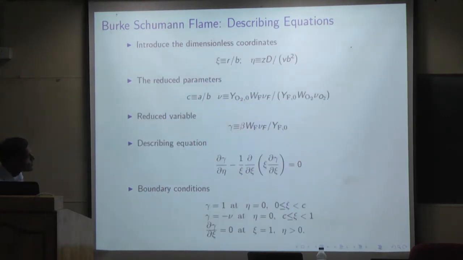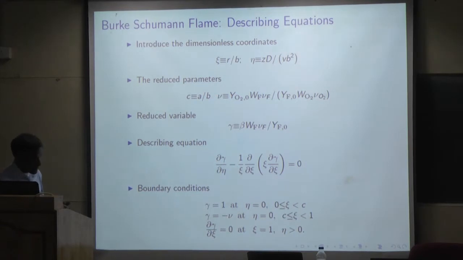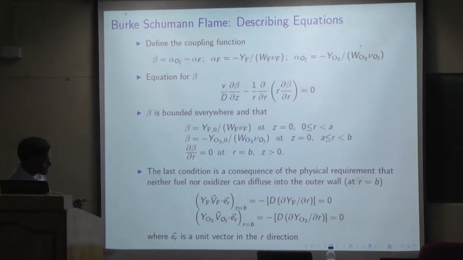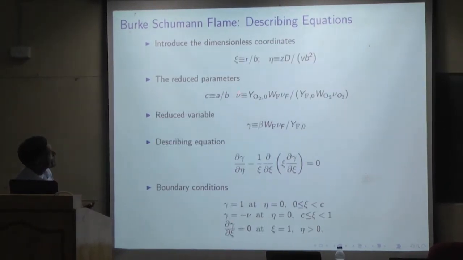And now, for convenience, we're going to introduce a non-dimensional radial coordinate, C, which is R divided by B, and a non-dimensional axial coordinate, defined in this fashion. All these quantities are known: D, v, b squared, these are all known.